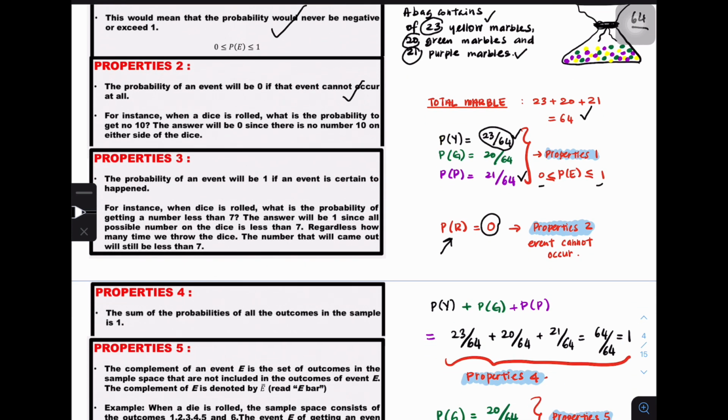Probability kita dapat guli warna kuning ditambah dengan probability kita dapat guli warna hijau dan ditambah dengan probability kita dapat guli warna purple adalah 23/64 campur 20/64 campur 21/64 bersamaan dengan 64/64, which is equal to 1.